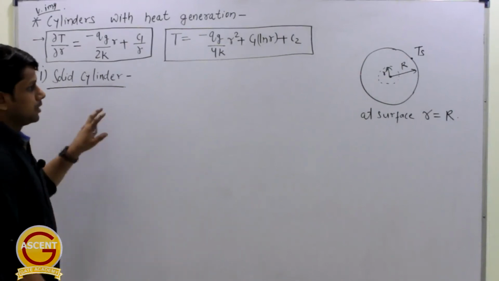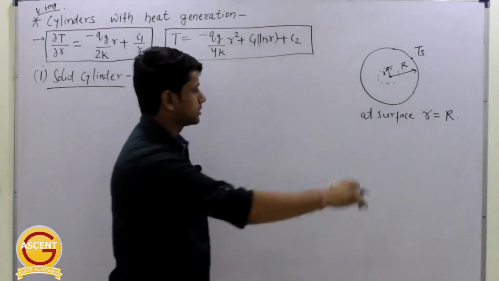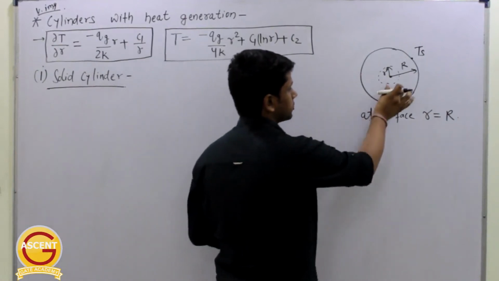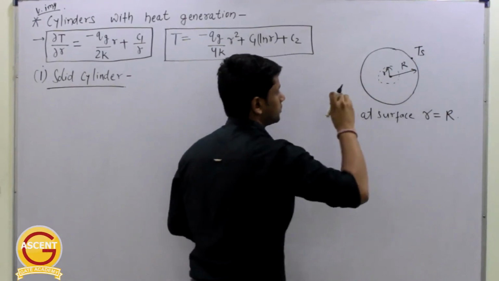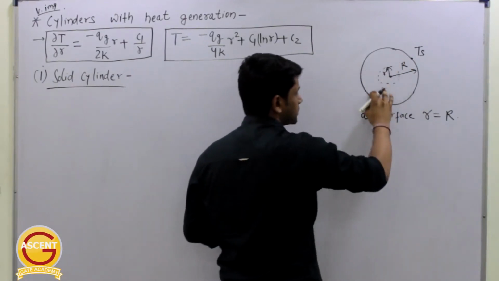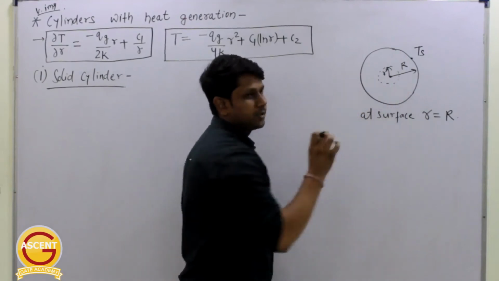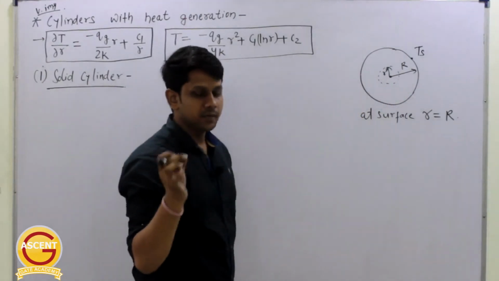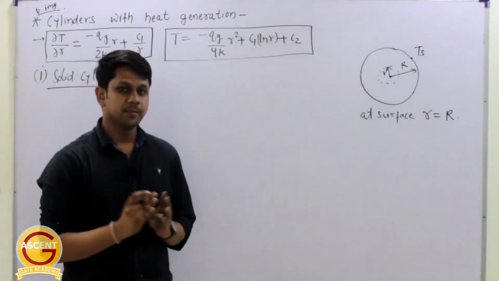Now our physical intuition again can tell us that this whole amount of heat in this solid cylinder that is generated, that will get out or that will be dissipated through this outer surface only, right? Because from inner surface there will be no heat dissipation, like we discussed in plane slabs with both surfaces at same temperature.